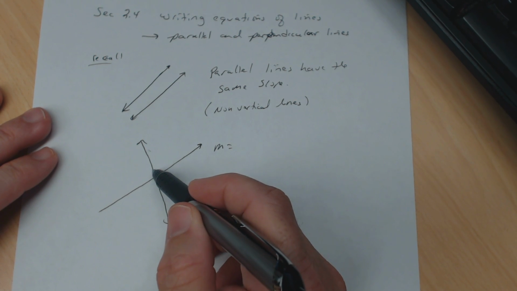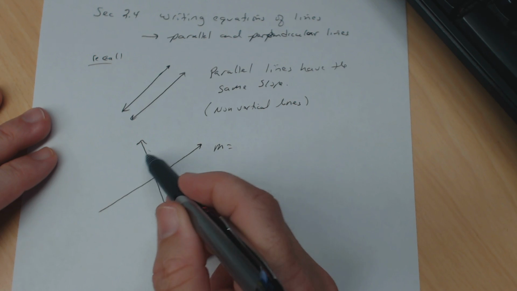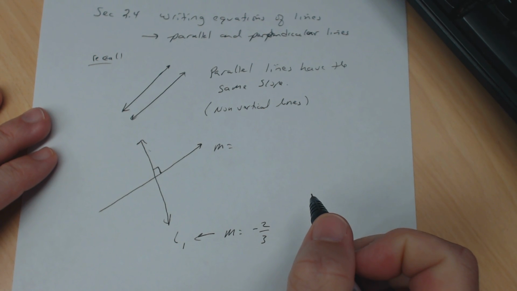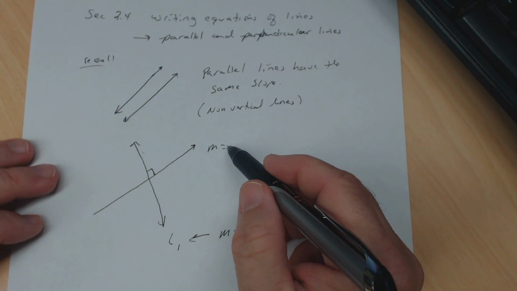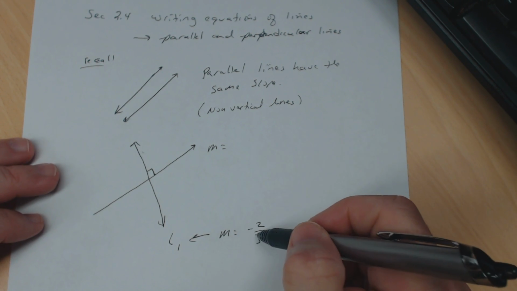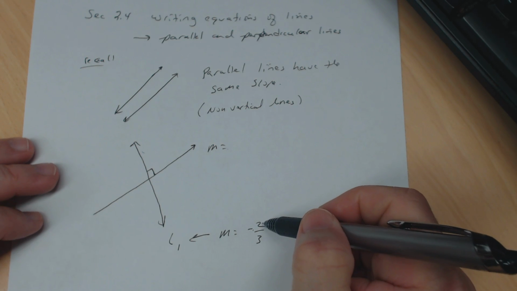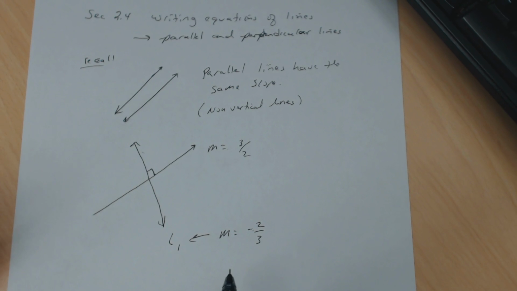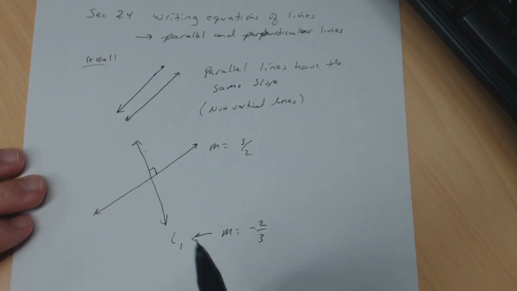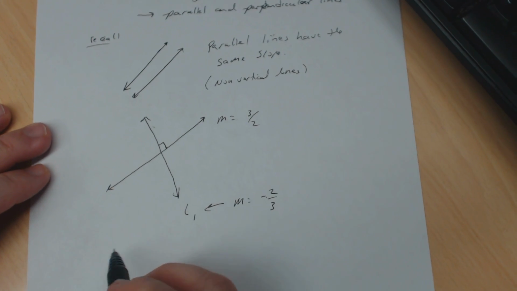Well, if these two lines are perpendicular to each other, their slopes are negative reciprocals of each other. So this slope here would have to be, if this is negative, it has to be positive, and then the reciprocal of 2/3 is 3/2. All right, so that's a relationship between perpendicular lines.